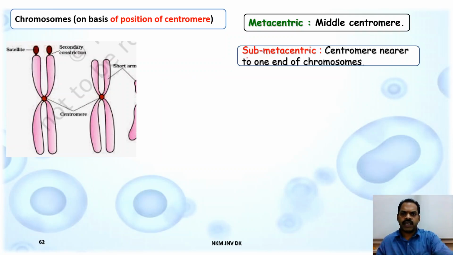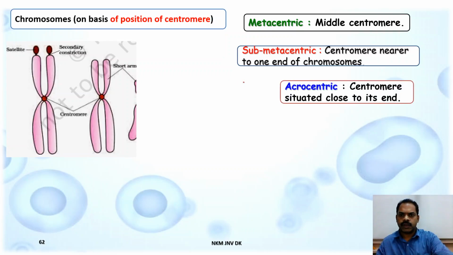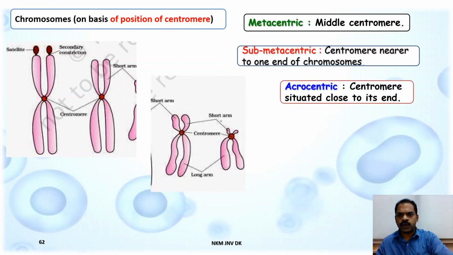Okay, then what is submetacentric? The centromere is slightly away from the center towards one side. On one side the arms are longer, on the other side they are a little shorter. This is called the submetacentric type of chromosome. Then the third one is acrocentric. In acrocentric, the centromere moves further to one side.